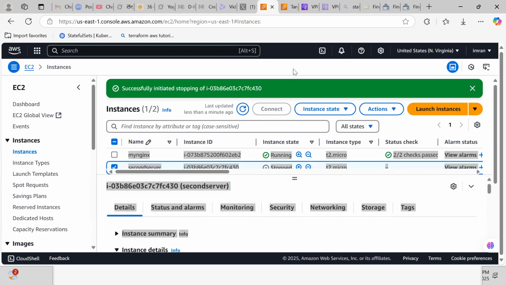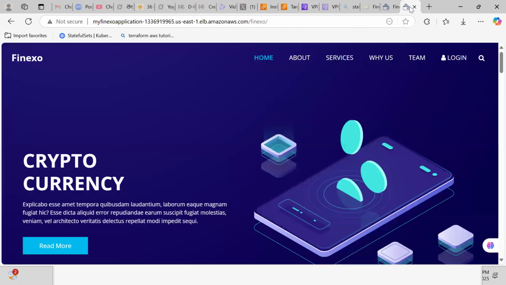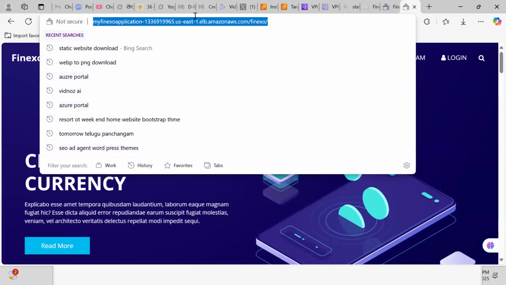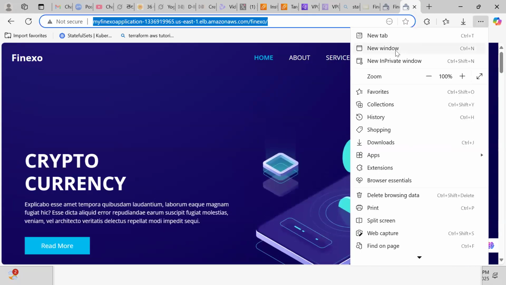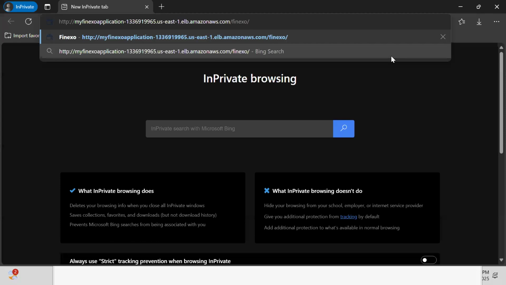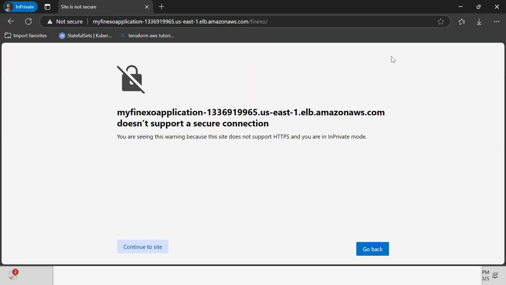Now that the second instance is stopped, I'll go to the targets also. If you see here, that instance went to an unhealthy state. I'll access this website, maybe in private mode, because sometimes it may come from the cache.